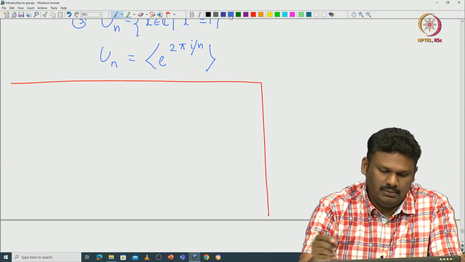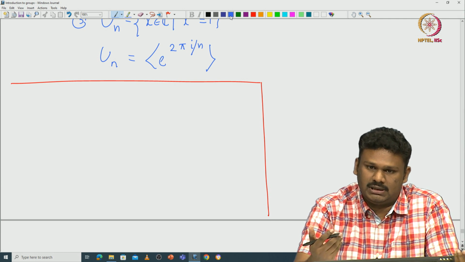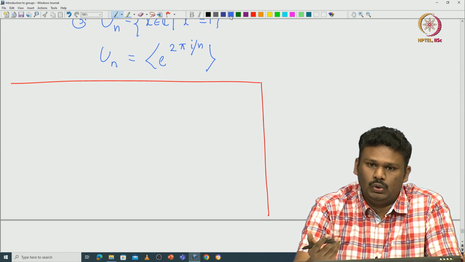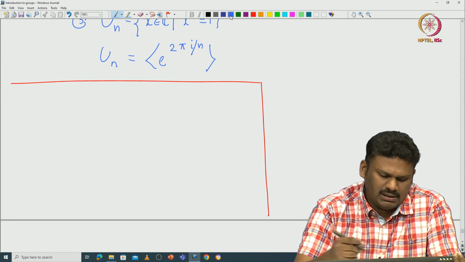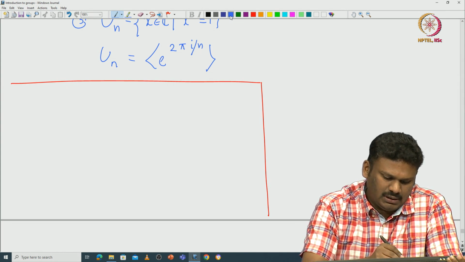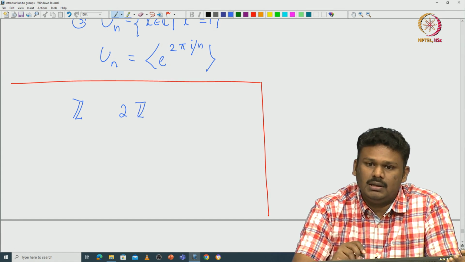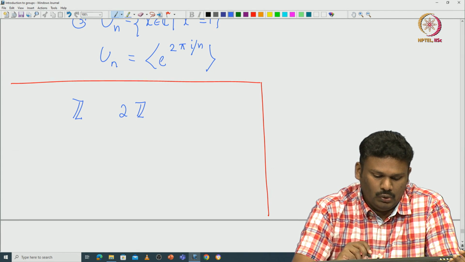So, isomorphism is like, you have defined two algebraic objects, namely groups. So, if you take two groups, whether they are identical or not, that is what we want to actually see. For example, let us start with Z and then 2Z. Okay. So, as a group, you are not getting anything new from these two.